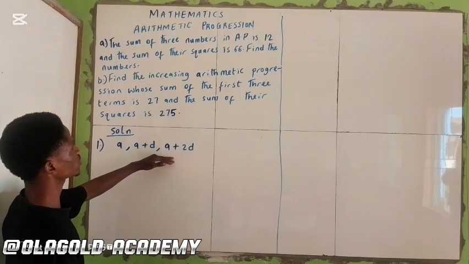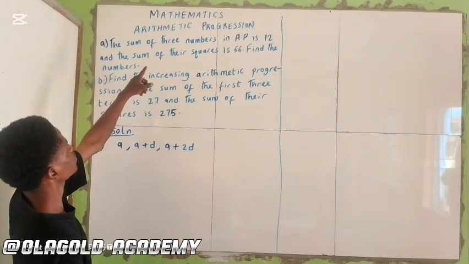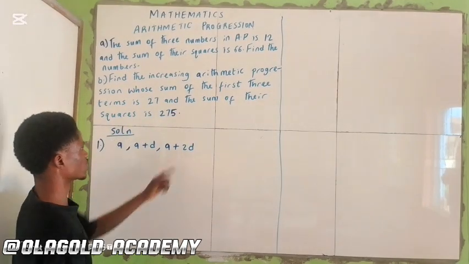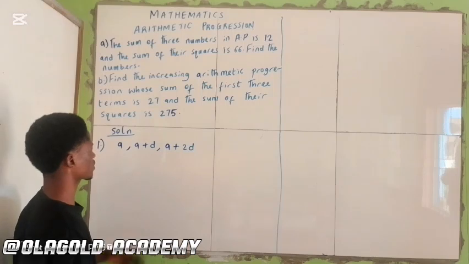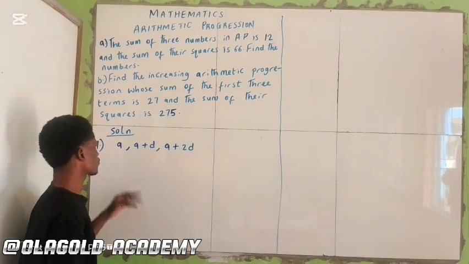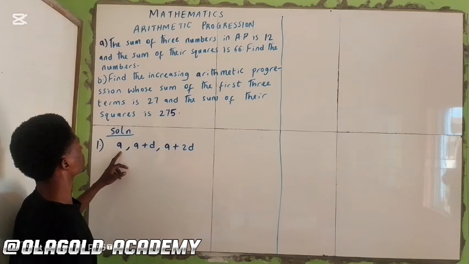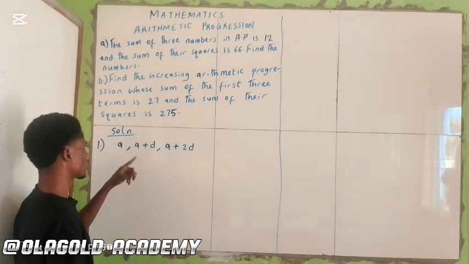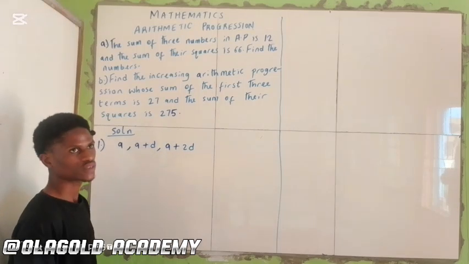We are told that their sum is 12, and the sum of their squares is 66, and we have to find these numbers. So the first term in the AP is A, the second term is A plus D, the third term is A plus 2D.